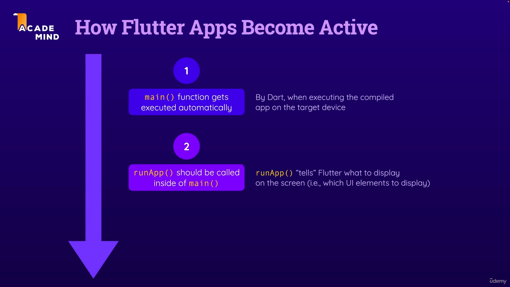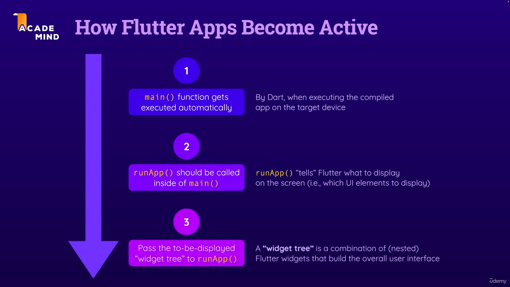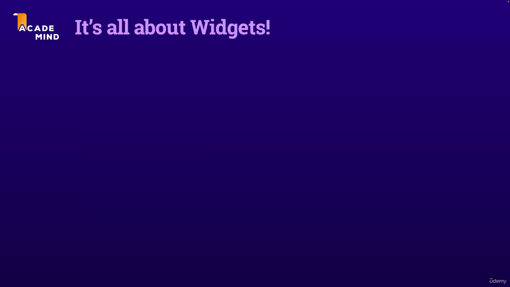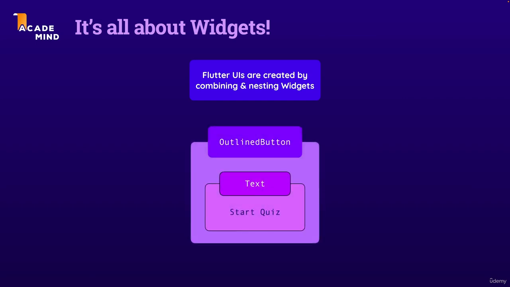And for that, run app needs a so-called argument. It needs a widget or a combination of widgets typically that in the end tells Flutter what should be displayed on the screen. Because Flutter, as you learned, is all about widgets. It's all about combining different widgets in code. And that's also important.